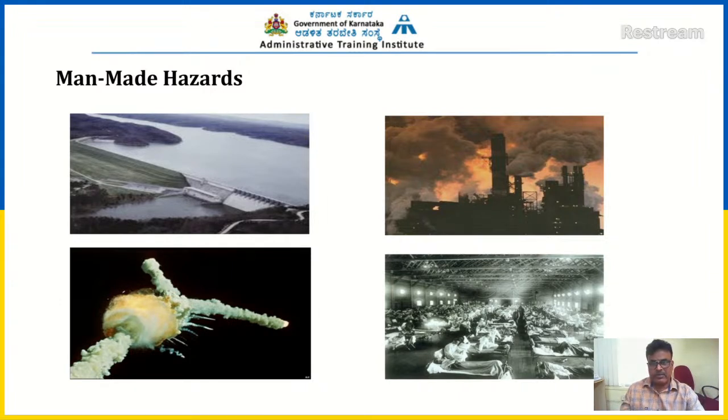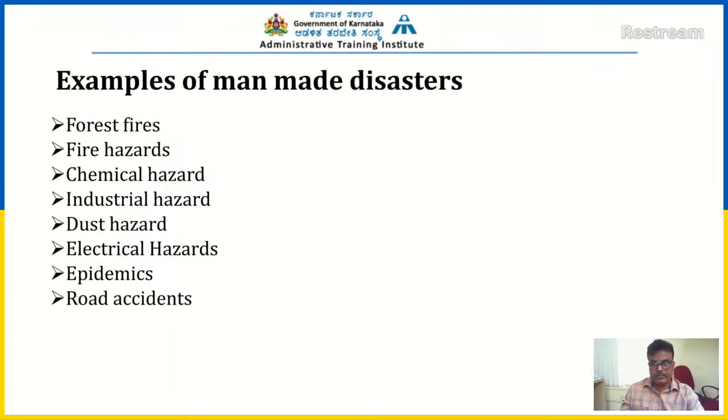So go to the next one. You can see many more examples. Forest fires. Forest fires happen almost every year, particularly in March, April, May, June, because there is a huge rise in temperature in summer and therefore no moisture, and due to man-made causes also many times. People just throw their cigarette butts and so on.